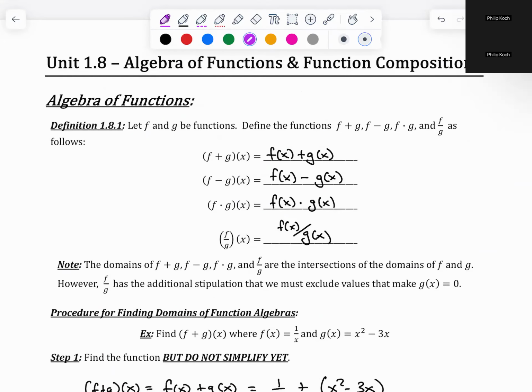This introduces a cool concept in mathematics that we can create our own algebra systems. Instead of talking just about adding numbers or adding variables, now we can talk about adding, subtracting, multiplying and dividing functions. And that creates a whole new space to study.